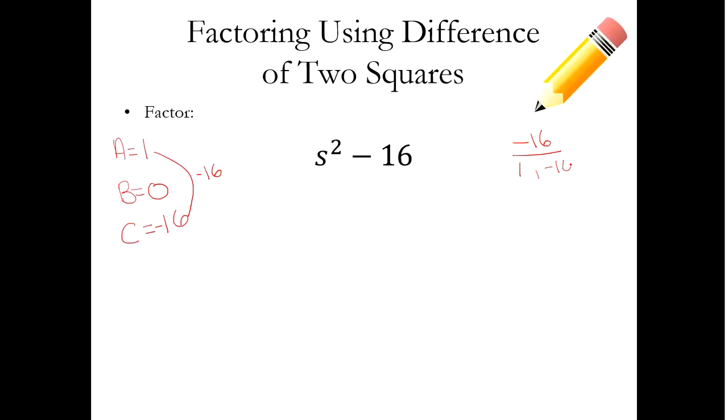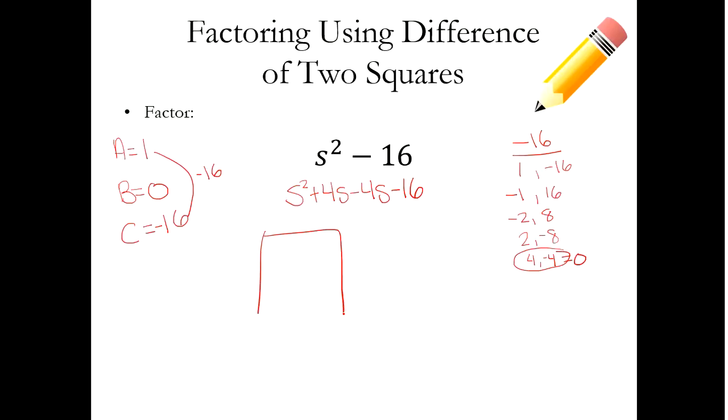So 1 and negative 16, negative 1 and 16, negative 2 and 8, 2 and negative 8, 4 and negative 4, right? That's going to give me 0, which is my B term when I add. So I'm good there. Let's go ahead and rewrite my terms. So I've got s squared plus 4s minus 4s minus 16.